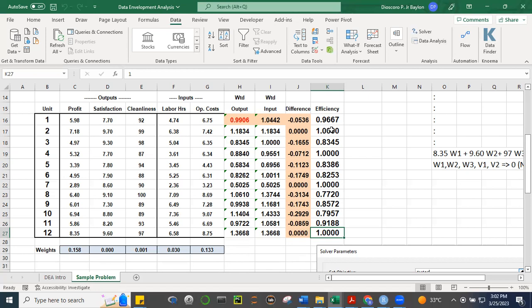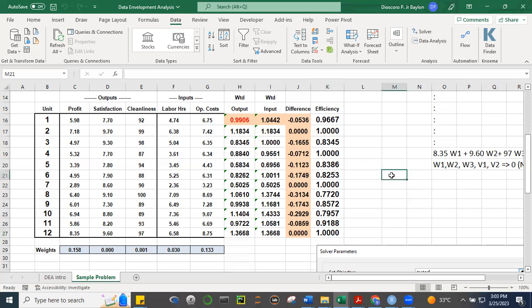Which means that they're able to generate more outputs than their non-efficient counterparts, given the same level of inputs. Or they're able to generate the same level of outputs given a lower level of inputs, or they're able to generate more outputs given lower inputs. The three situations we mentioned a while ago.